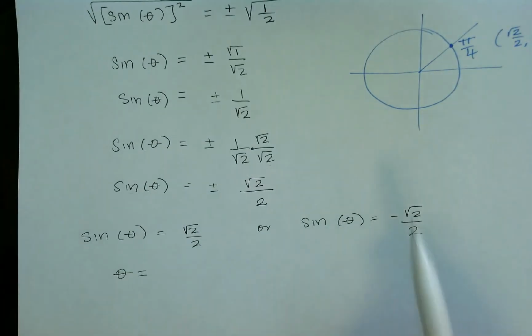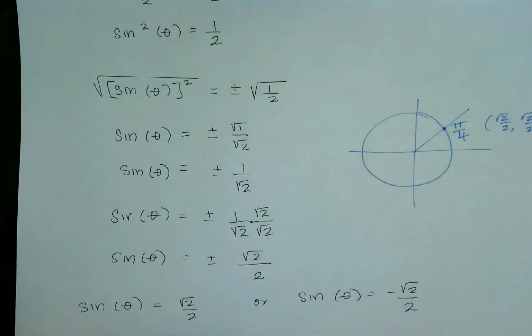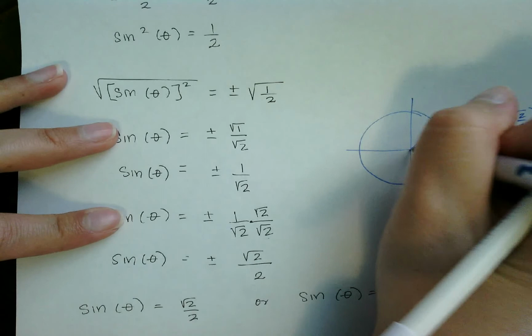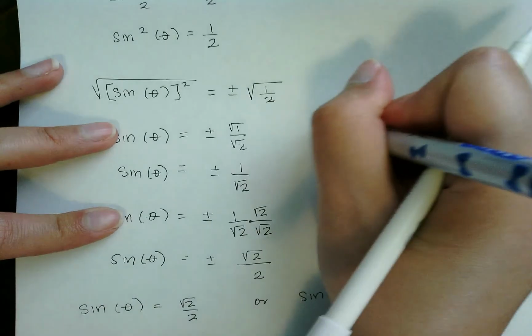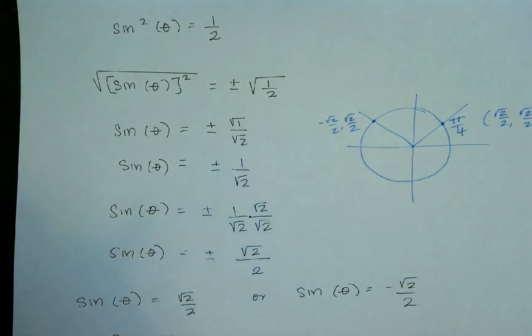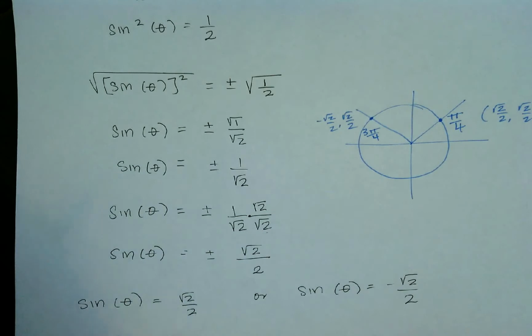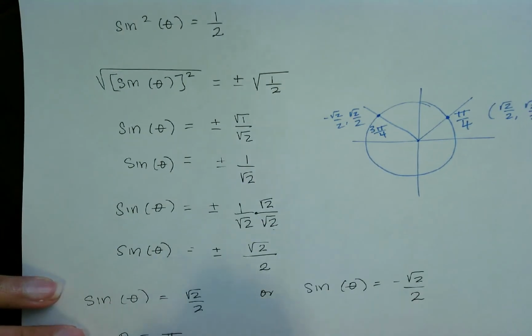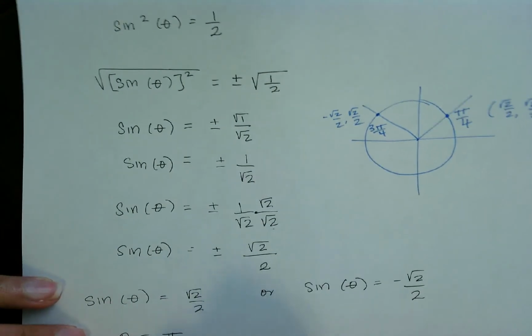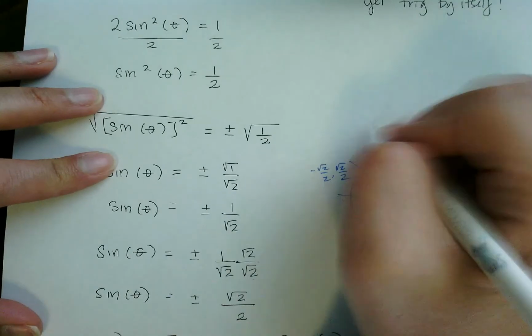And the other positive guy is 3 pi over 4. So sine theta equals square root of 2 over 2, so y equals positive square root of 2 over 2.